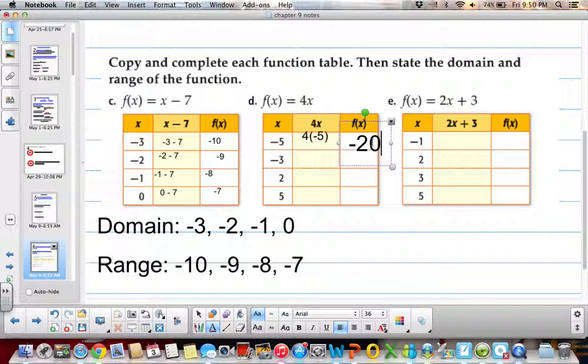Then we have, sorry, 4 times negative 3.